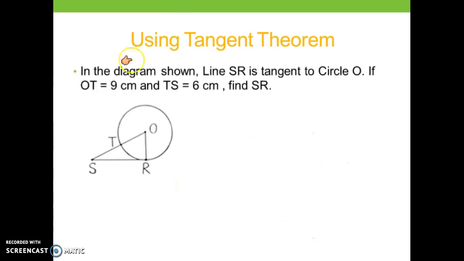All right, let's try one more. How about we use it to find segment lengths? In the diagram shown, line SR is tangent to circle O. If OT is 9 centimeters, I'm just going to put the numbers here, and TS is 6 centimeters, they want us to find SR. So again, if SR is tangent to circle O, OR would be a radius, therefore that would be a right angle because that tangent will be perpendicular to the circle at the point of tangency.